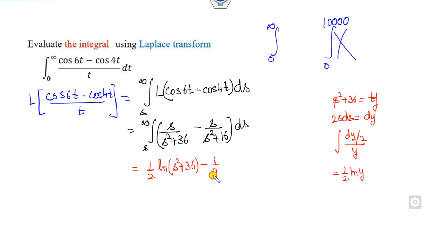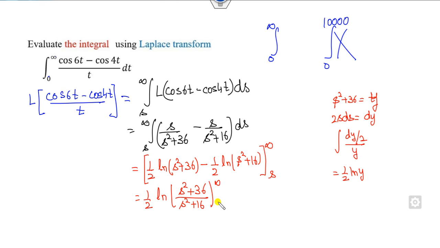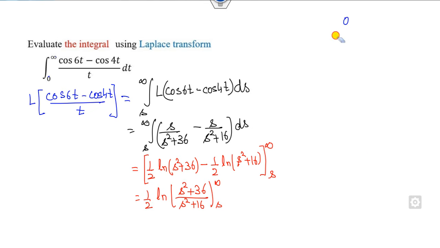Similarly for this quantity, half ln of s square plus 16, from s to infinity. Half is common, so I can apply the rule of ln: ln of (s square plus 36) divided by (s square plus 16), from s to infinity.